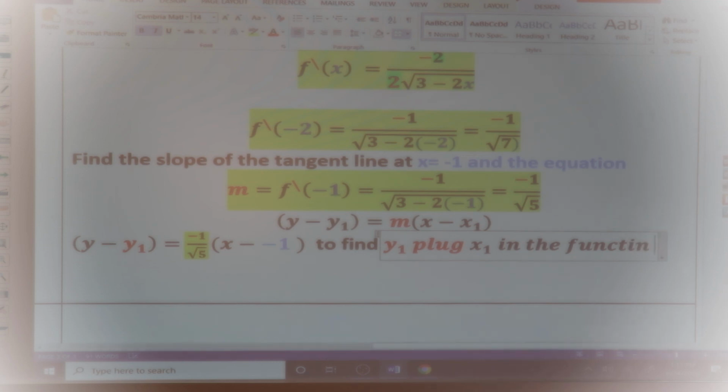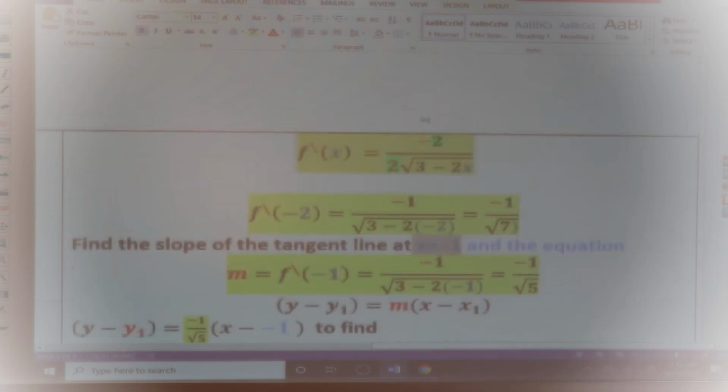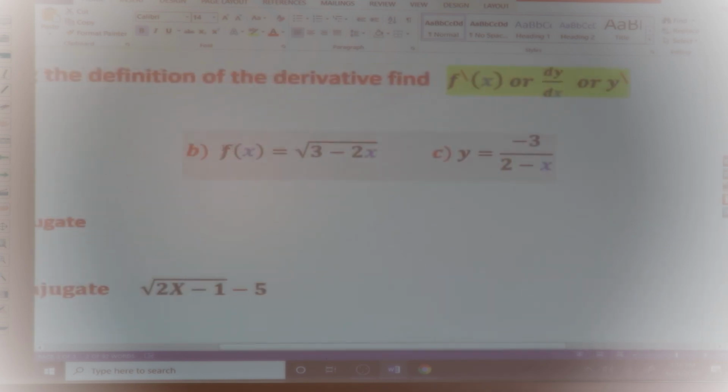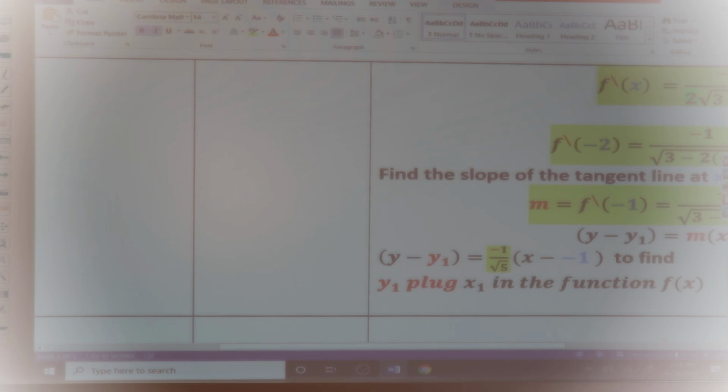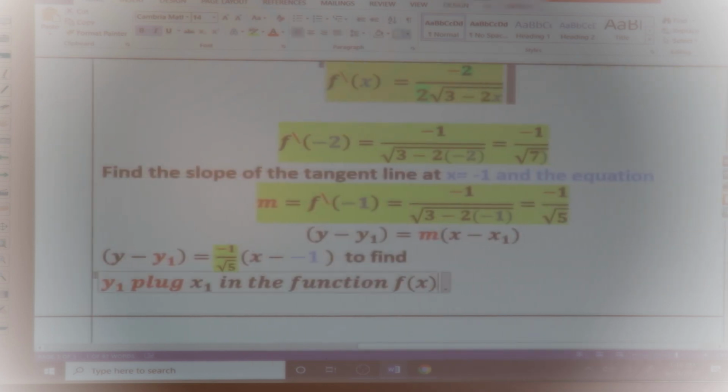What is my function? f of x. I know x1 equals -1, right? Where's my function? Here. Control D. Then I need y1, right?